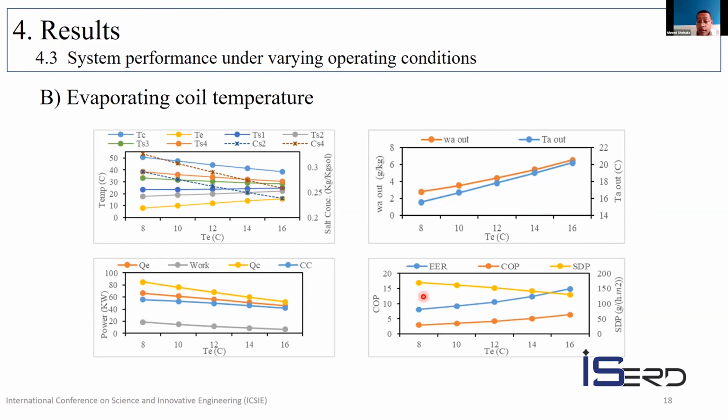And finally, in this case, the specific dehumidification power also increased from 130 to above 150. And for sure, this is all at the expense of the coefficient of performance, which deteriorates from nearly 6 to 3.